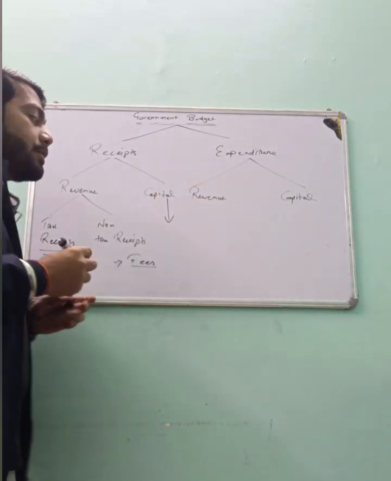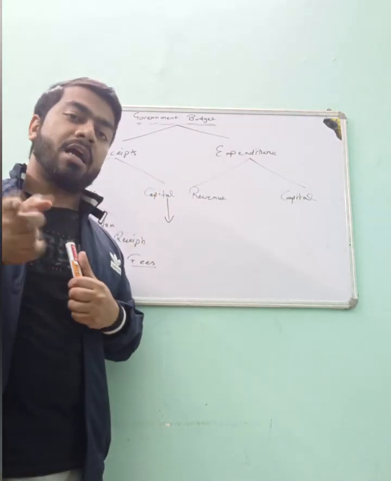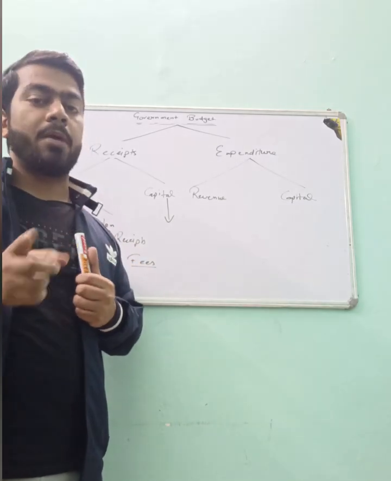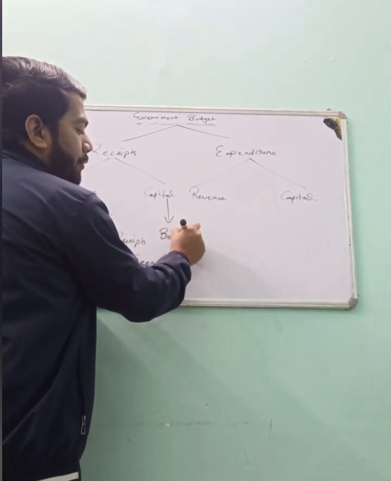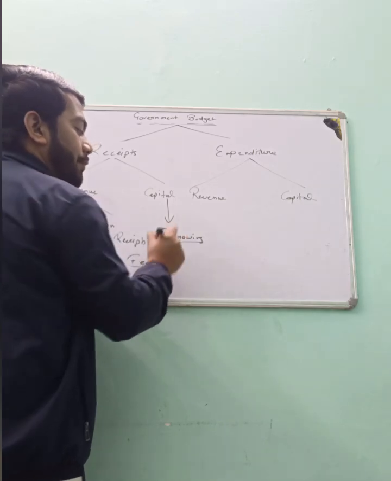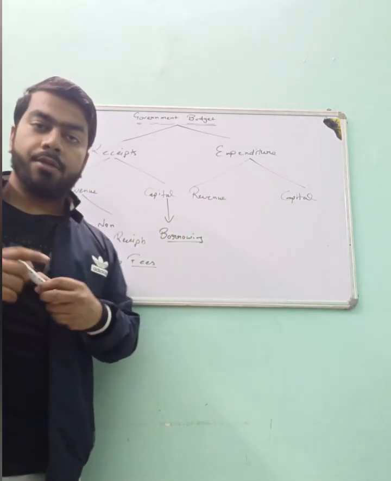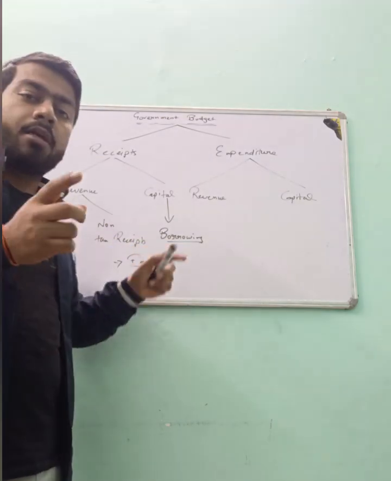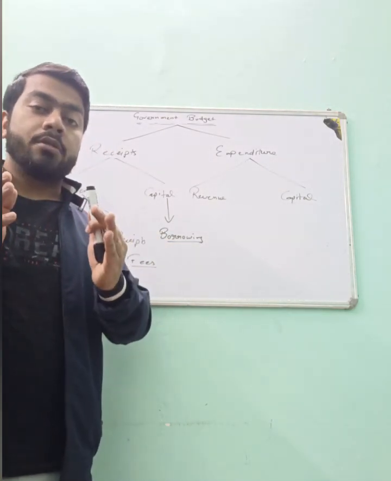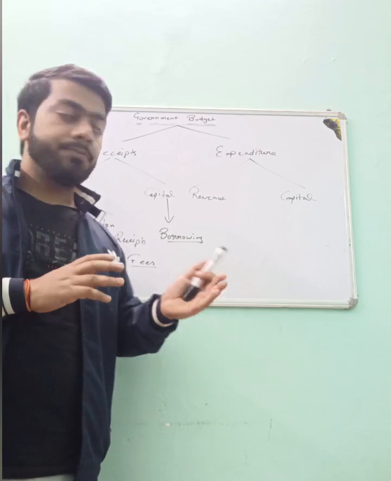And capital receipts are all those receipts which either affect asset or liability. For example, if government is taking some loan from any other country or from IMF, then borrowings and loans are a part of our liabilities.